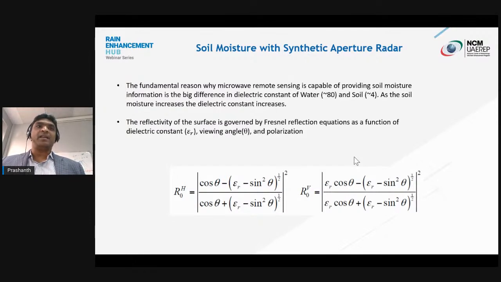Again, this depends on the dielectric constant of the surface, viewing angle, and polarization. So if you are measuring at the right polarization and the right viewing angle, only the dielectric constant is varying. And by looking at the dielectric constant, we can infer what percentage of soil moisture is there in the soil.